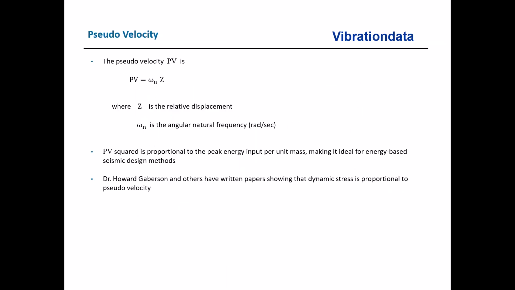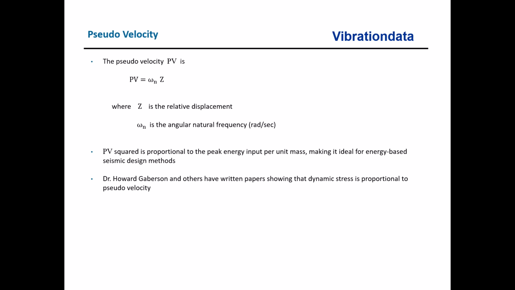Okay, I mentioned pseudo-velocity before. Now it's time to discuss what a pseudo-velocity is. Well, it's kind of an approximate method, an approximate value of sorts, but we're going to say that it's equal to the angular natural frequency times z, which is the relative displacement.